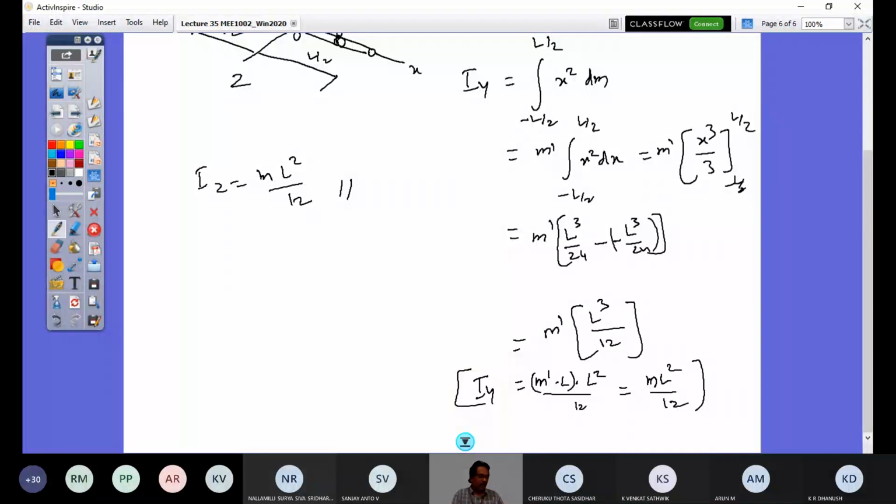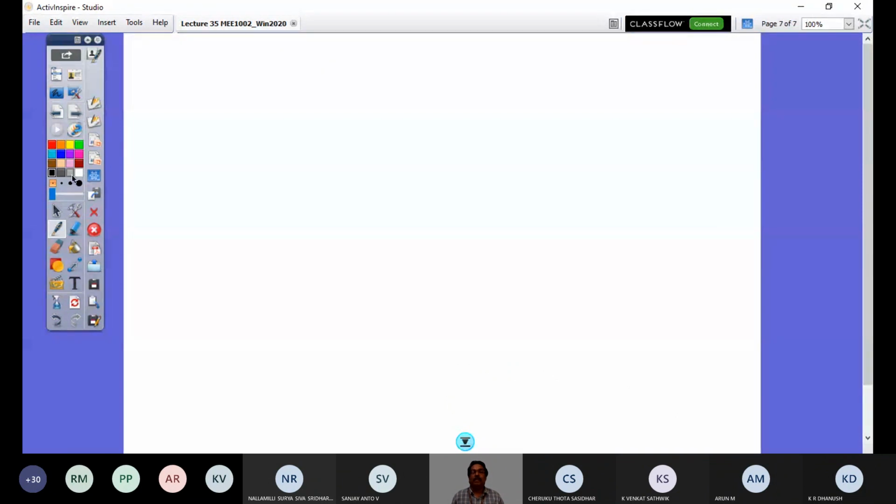So now let us look at, instead of a 1D element like the slender bar or a plate, if I consider a solid, for example, a cone.